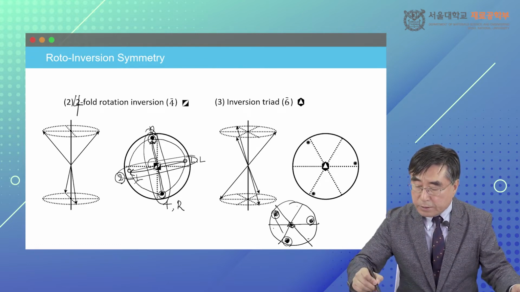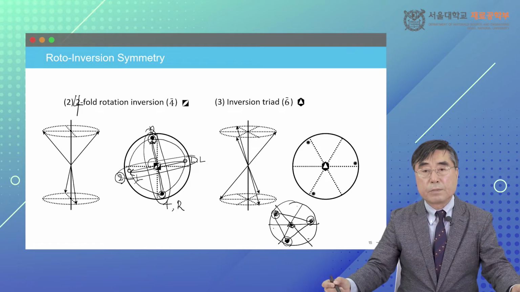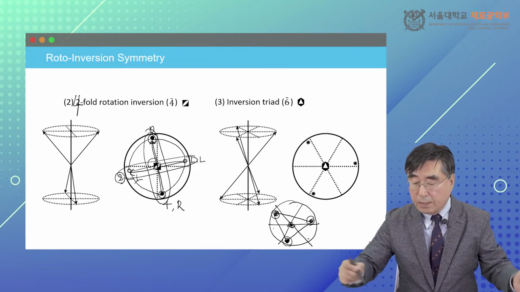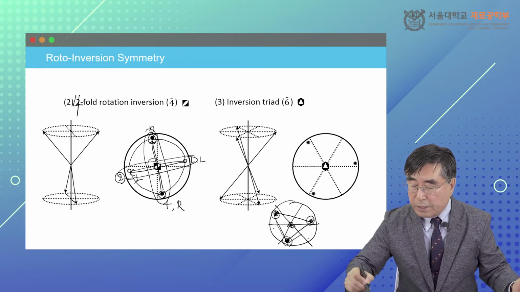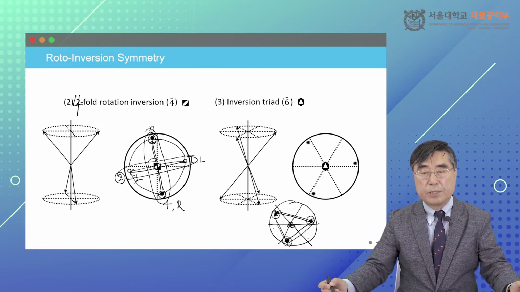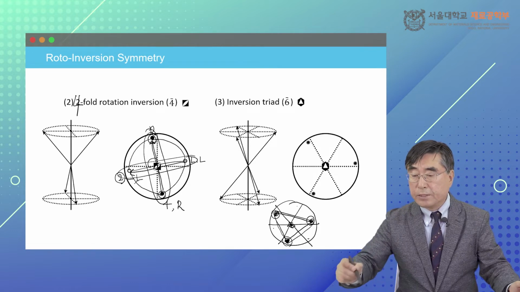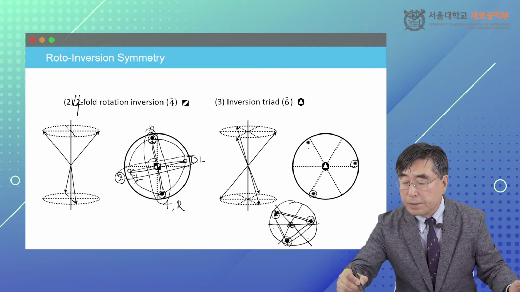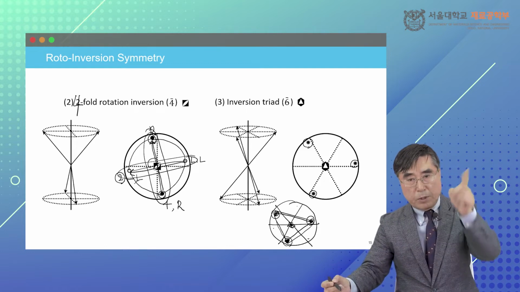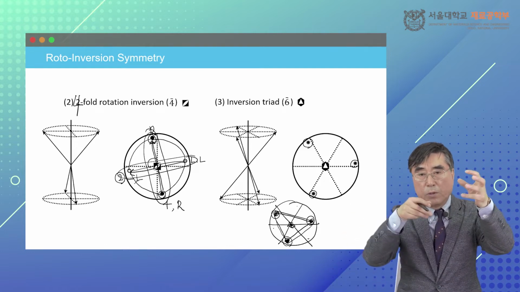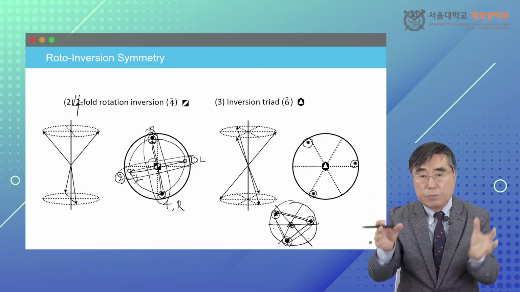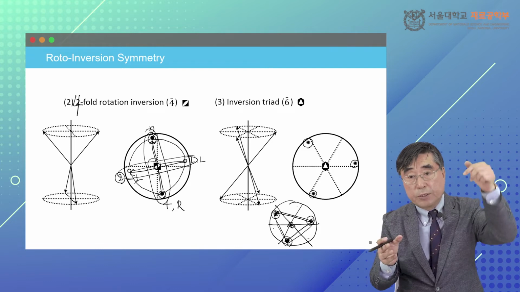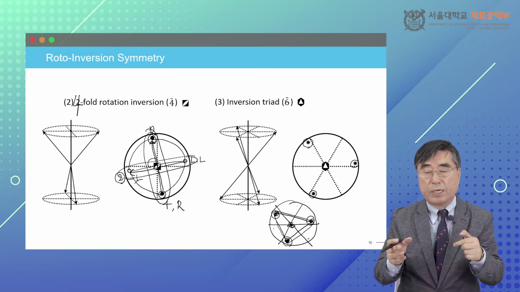So there are 3 poles in the northern hemisphere with the right hand. Now there are the same 3 poles in the south hemisphere with the left hand. So this one has upper pole and down pole in the same stereographic projection, but one is upper pole, one is down pole. All the upper poles are right hand and all the down poles are left hand, because this is generated by rotation and inversion symmetry elements.